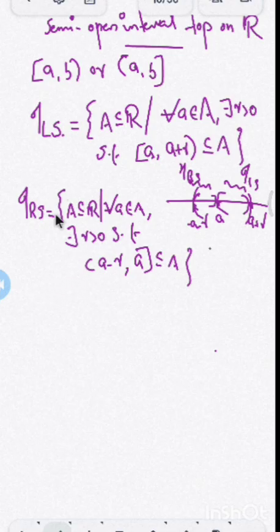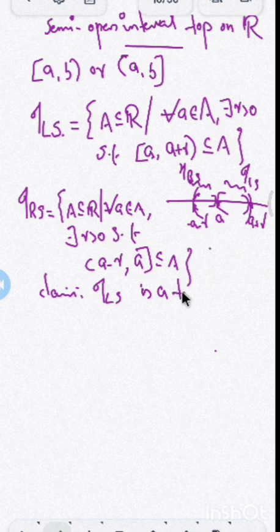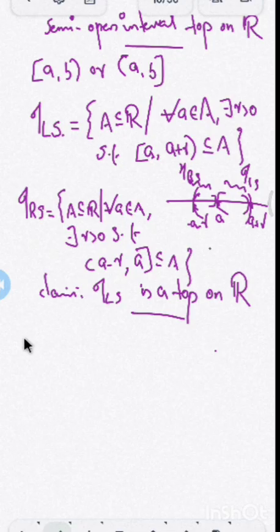Okay, we will prove this is a topology. So claim: tau ls, and similarly tau rs, is a topology. I will prove tau ls is a topology on our real line. We have to verify again the axioms. It is easy because the proof is very similar to the usual topology. The first property, the empty set. Obviously the empty set belongs to tau ls because it has no elements.